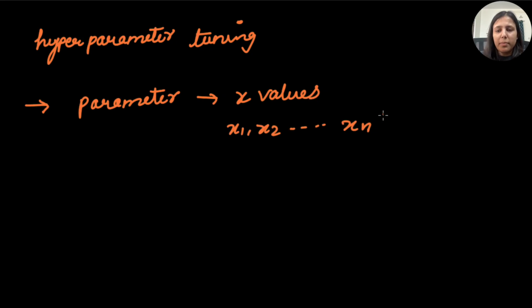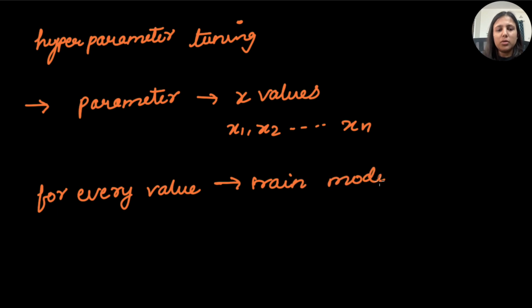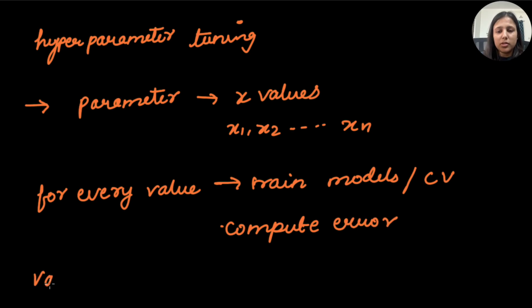Now for every value we will train models or do cross validation and compute error. The value with the least cross validation error is chosen.